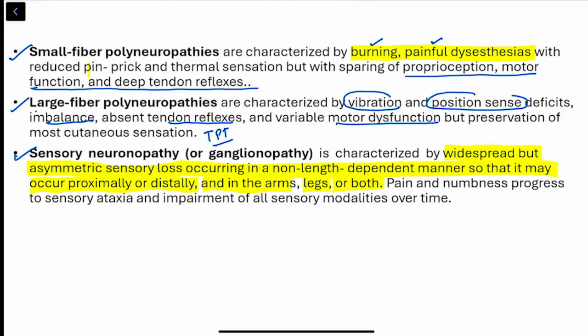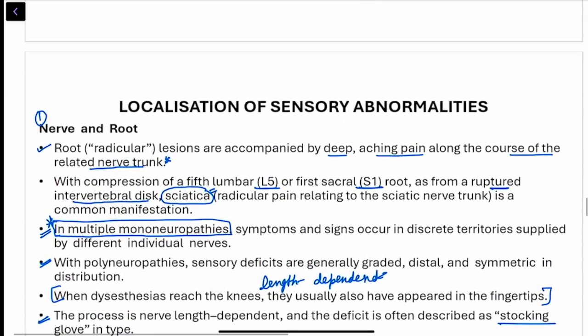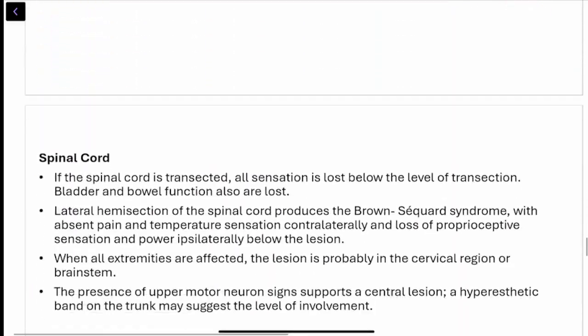There is no particular pattern of involvement, but the damage is widespread, and you will have symptoms that are very vague and widespread. They cannot be localized to a single thing. So this is basically seen in ganglionopathy. Pain and numbness progress to sensory ataxia and impairment of all sensory modalities over time. Okay, very nice. So this was all about the localization of sensory abnormalities.